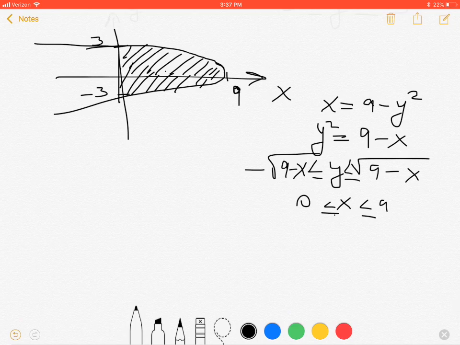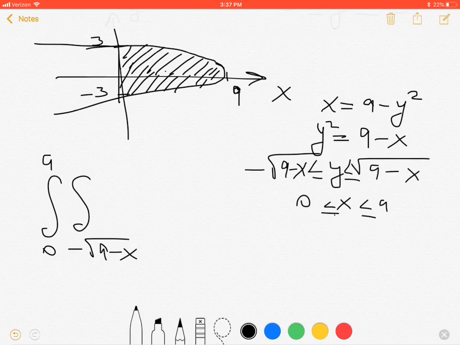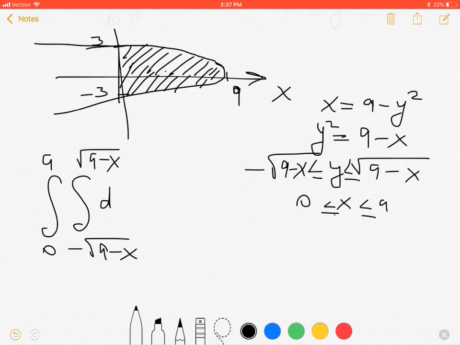Okay, and this means if you change the order, you have the integral from 0 to 9, integral from minus square root of 9 minus x to square root of 9 minus x, dy dx.